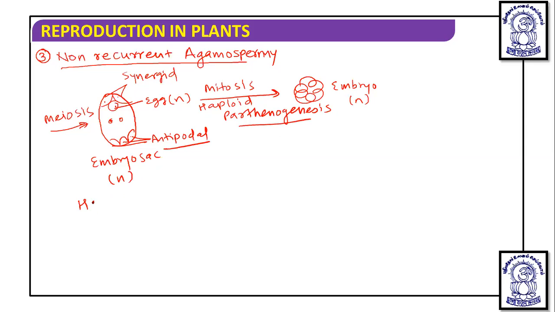So next is haploid apogamy, and in this, what happens?